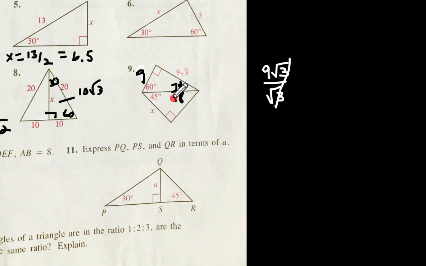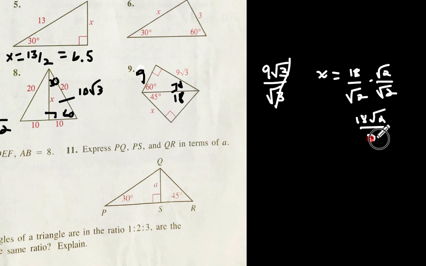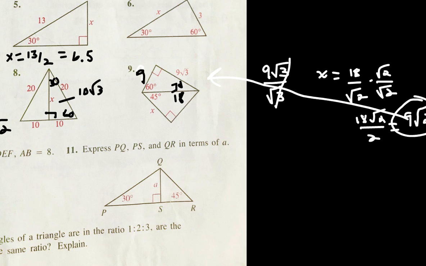So we have the hypotenuse, so we're going to divide by the square root of 2. So let's finish this one up. So we're going to get x equals, that's what we want, the hypotenuse divided by the square root of 2. That's how you get the side, square root of 2 times the square root of 2. And we're going to get 18 root 2 over 2. And finally our answer is 9 root 2 for this number 9.